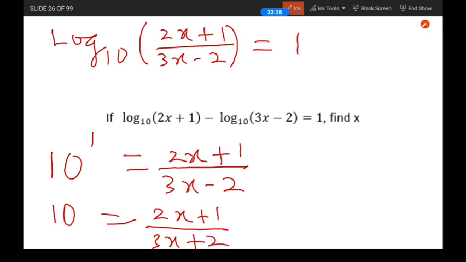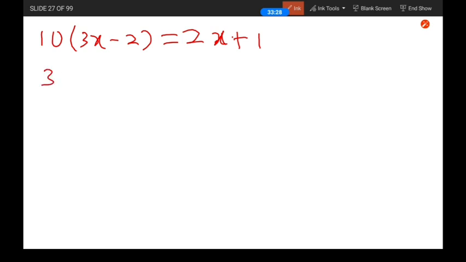So if you cross multiply, you're going to be getting 10 times 3x minus 2 equals 2x plus 1. You must be very careful when you are solving questions. So 10 times 3x will give us 30x minus 20 equals 2x plus 1.